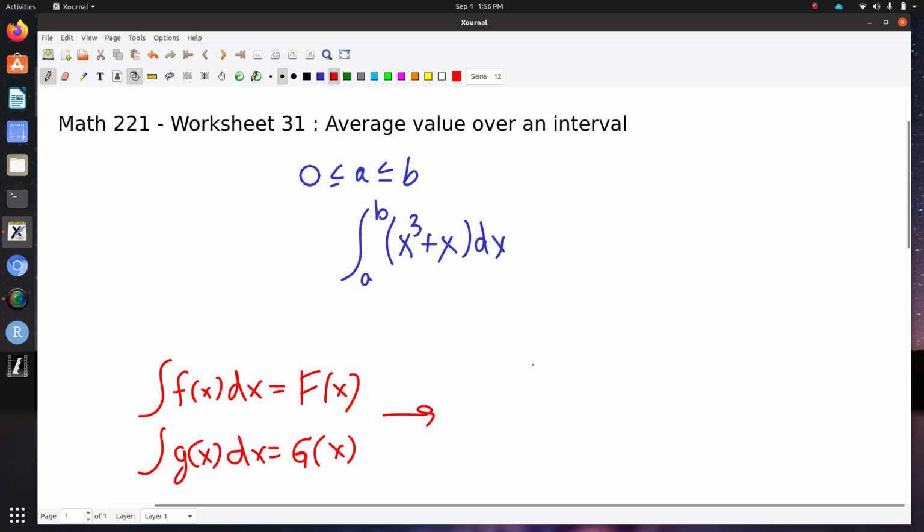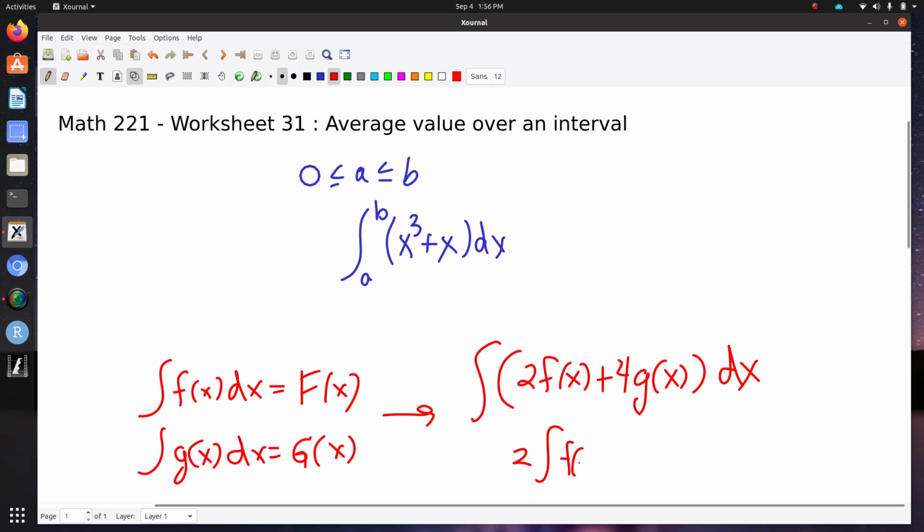So it means, for example, if you have 2 times f of x plus 4 times g of x, you want to integrate this thing just like you did with differentiation. So this is going to be 2 integral f of x dx plus 4 integral g of x dx. So that's all legal. And that's a hint that you're going to use later in the homework, actually.